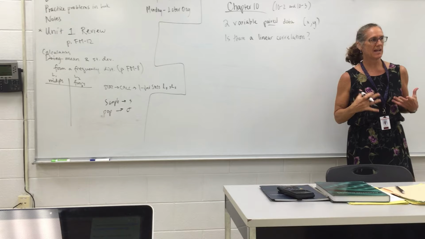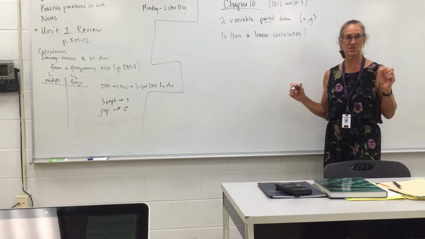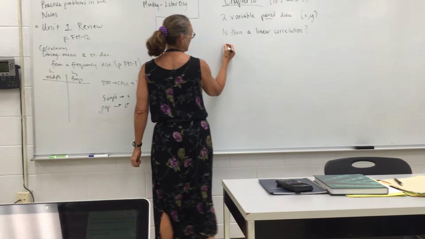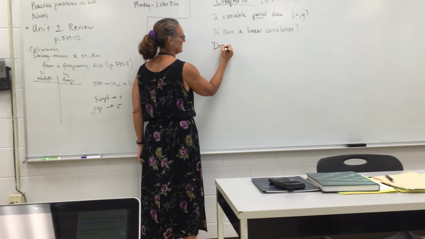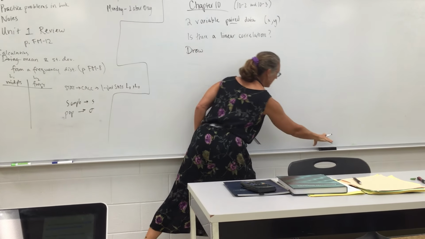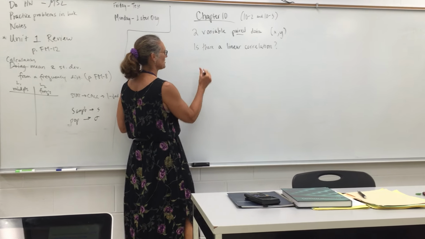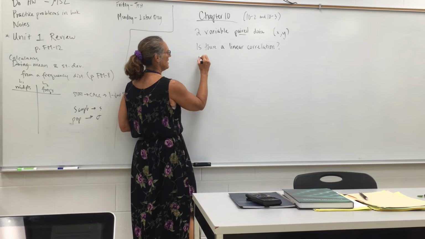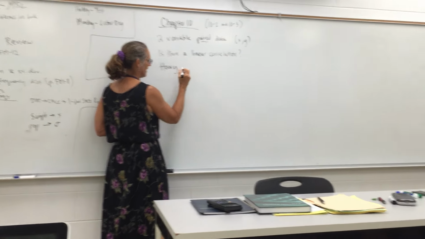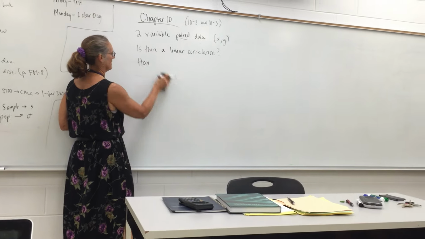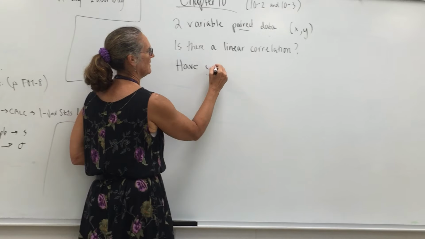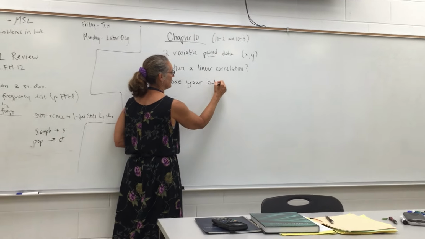And the way we're going to look at answering that question is first to draw a scatter plot. Actually, we're not going to draw a scatter plot. We're going to have our calculators generate a scatter plot. I'm going to show you how to have your calculator draw a scatter plot.